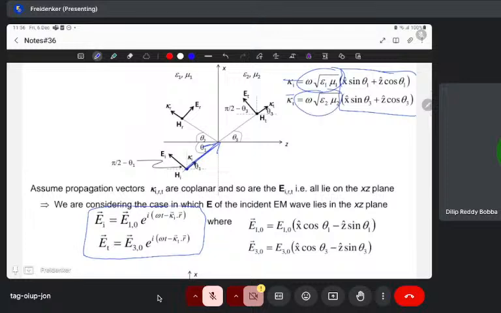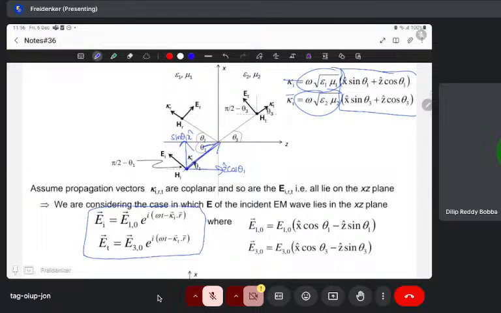The direction is basically this direction and this direction. What is this direction? This is cos theta 1 z cap, and this is sine theta 1 x cap. So that is why. Okay, yes. So these are the directions.